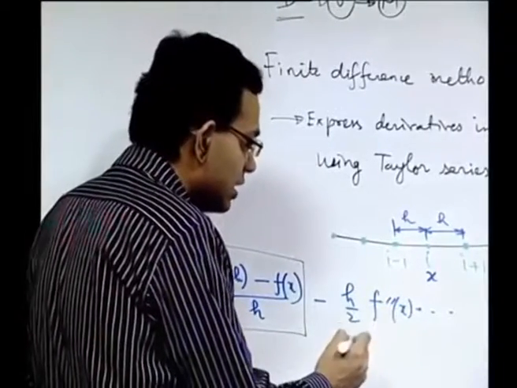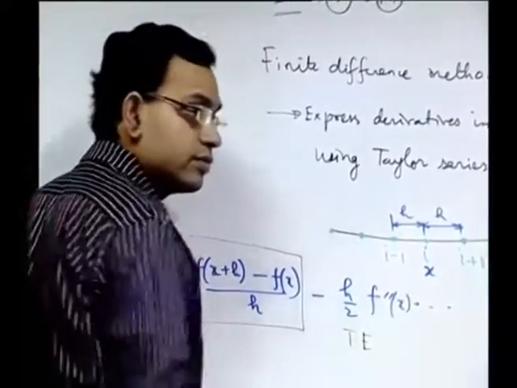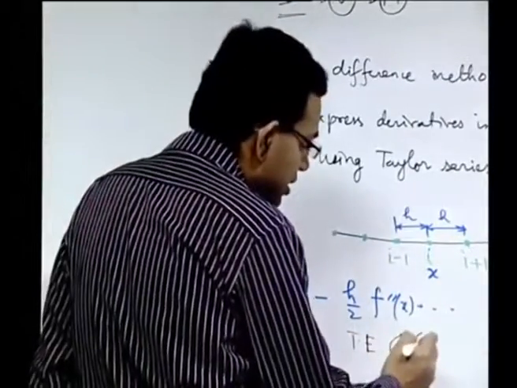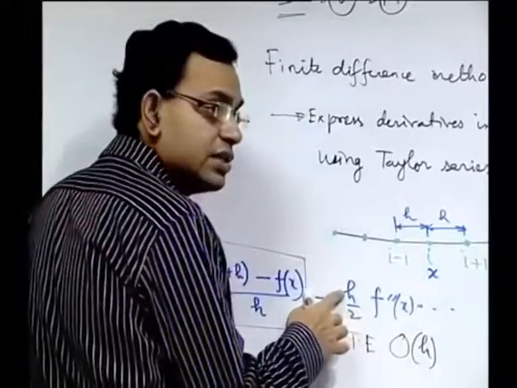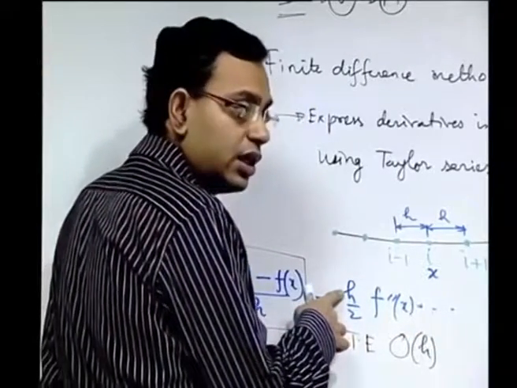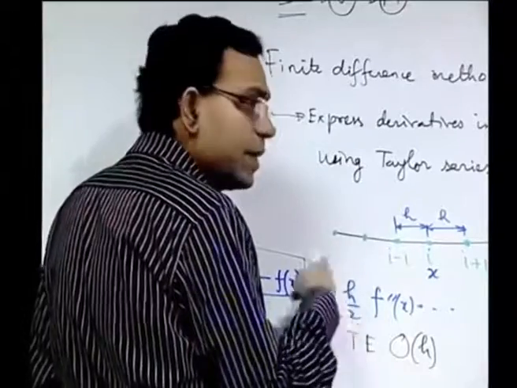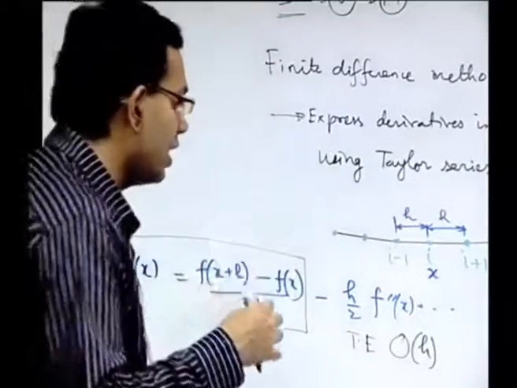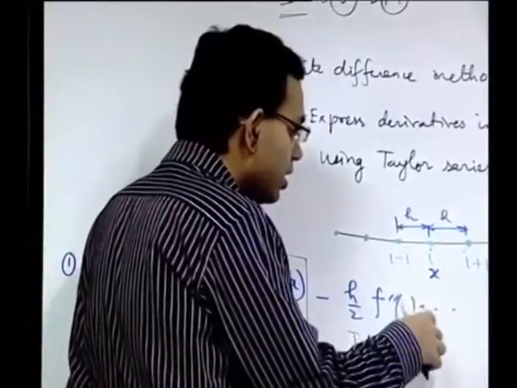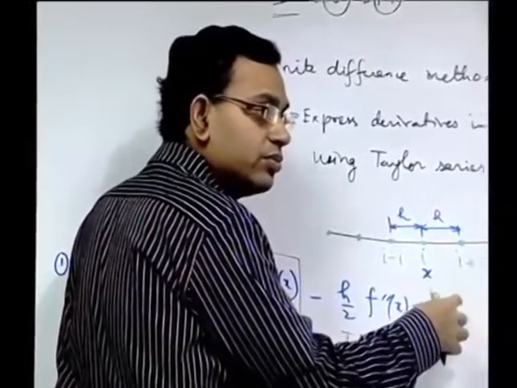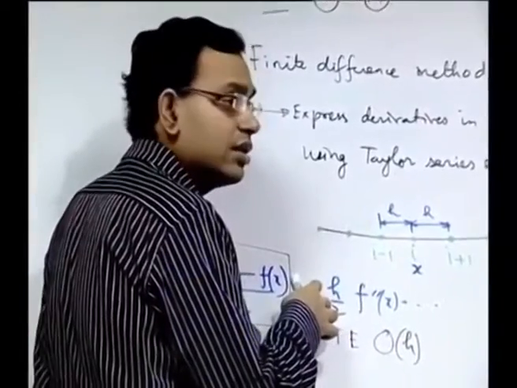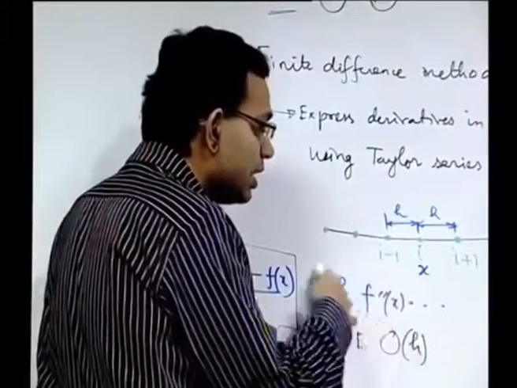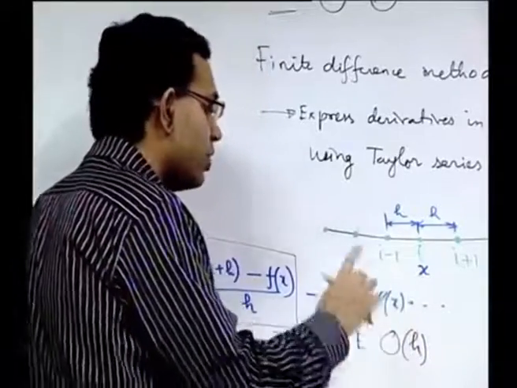That is called the truncation error, and the truncation error here is of the order of h, because this is the leading order term. We expect that h is small for this implementation to be accurate, and if h is small, the subsequent terms like h square, h cube are expected to be smaller than h, and hence the truncation error is dictated by the leading order term, that is of the order of h.